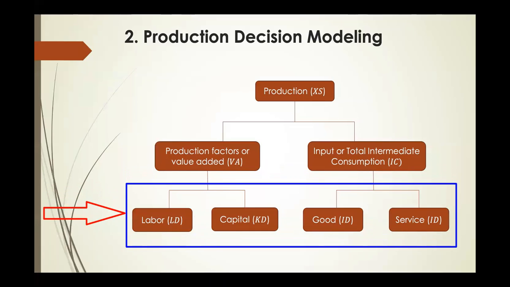The second layer combines capital and labor in one bundle called value added and good and service in another bundle named total intermediate consumption.